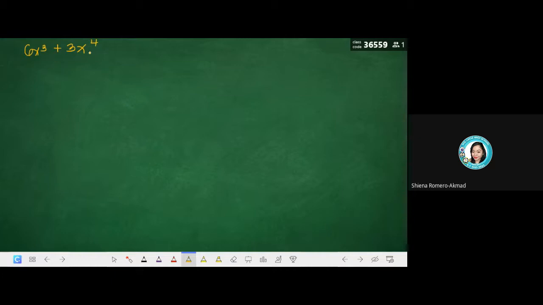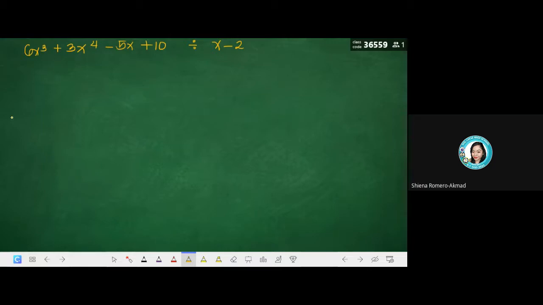Pag ganun, sasabihin mo, raised to 4 po. Sunod. Minus 5x plus 10 divided by x minus 2. So this is our given. Yes, Ronelyn?